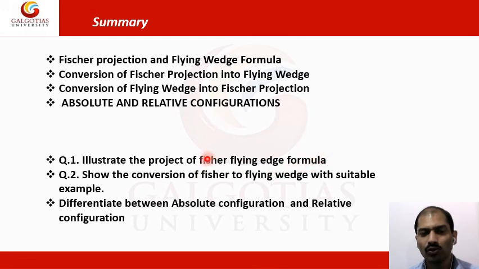From this discussion, we can draw these structures and formulas, and show the conversion of Fischer to flying wedge with a suitable example. You can also answer how this can be converted from one form to another in any molecule you take as an example.